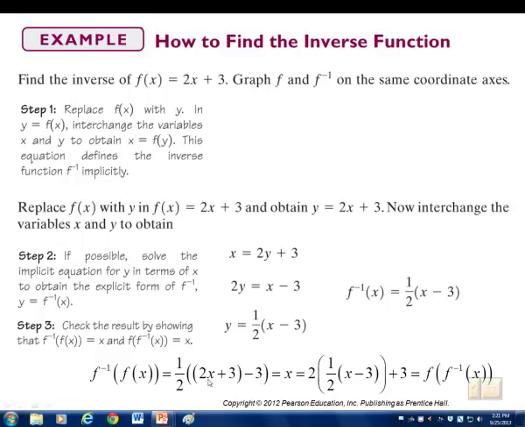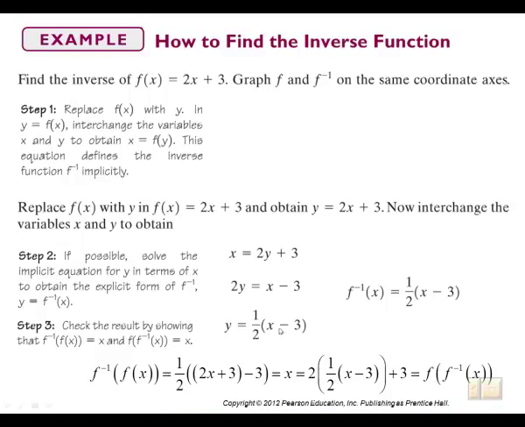And you get 1/2 times 2, and that just gives you x. Then the other one is taking the 2x plus 3, cut the x out, and you put the inverse in there. The 1/2 x minus 3 goes in there for the x.